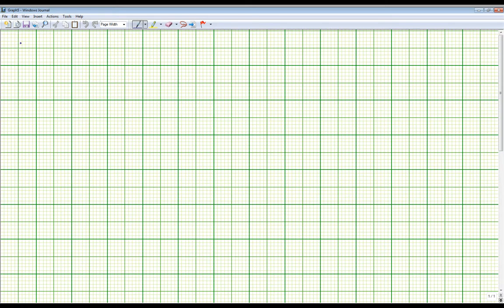So in our notes, we will write down our learning target to start with. Today's lesson, we're going to try to use the lowest common multiple to add and subtract fractions.